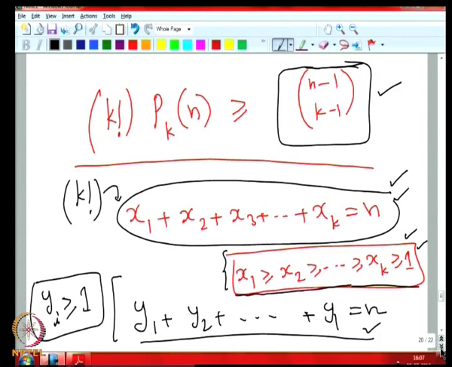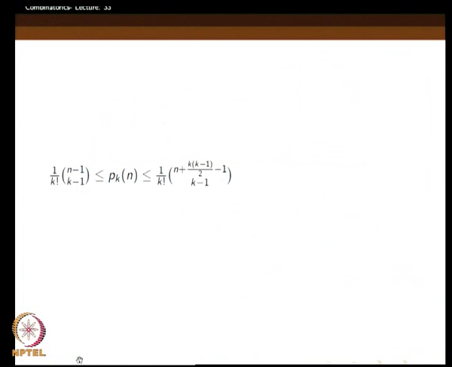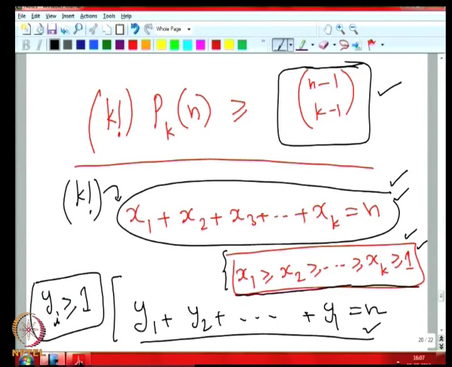And now for the upper bound, the upper bound is 1 by k factorial into n plus k into k minus 1 by 2 minus 1 choose k minus 1, right. How do you do this?